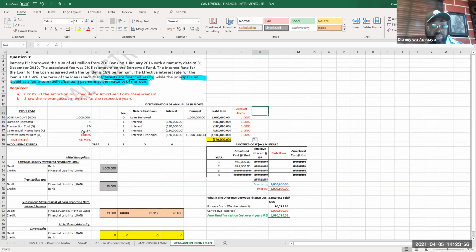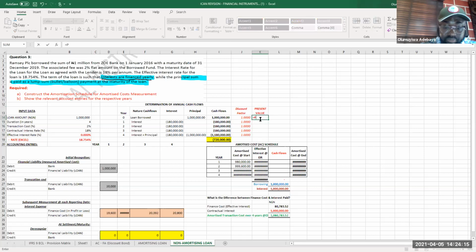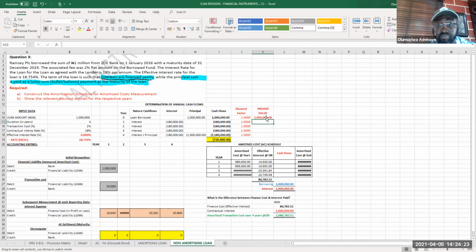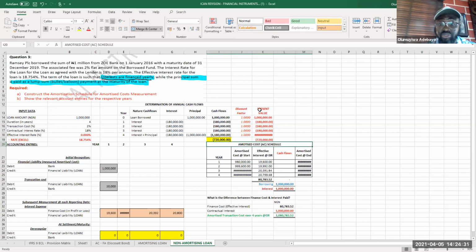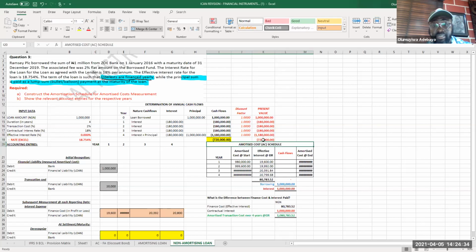Now it's giving me 1 because I pick 0% as my effective interest rate since I don't know it for now. What's my present value? It is a product of the cash flow and the discount factor. When I sum it, it's supposed to give me 0. If not, I have to seek the rate. Or rather, it gave me 720.